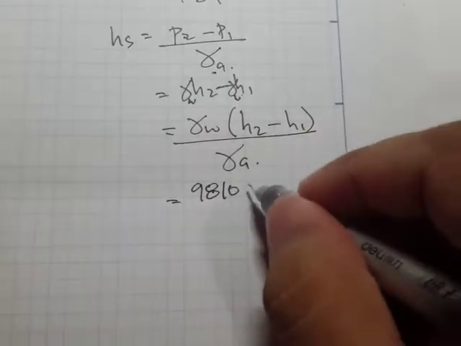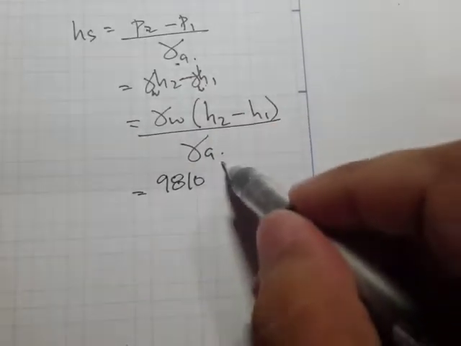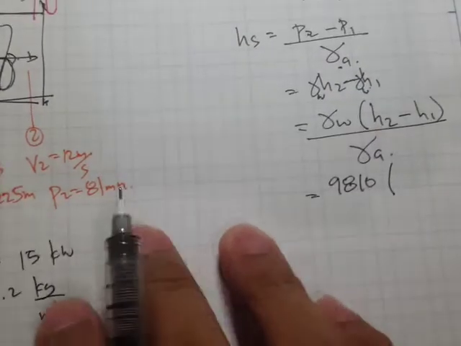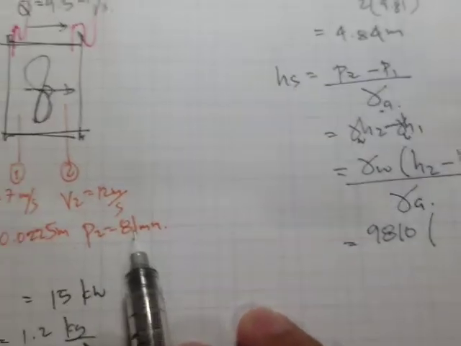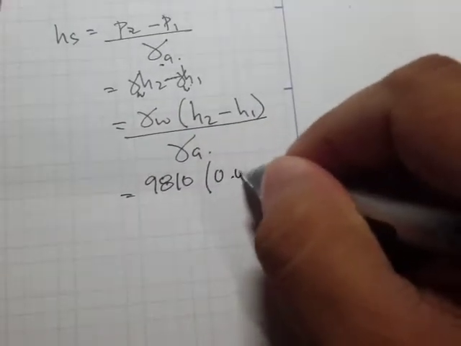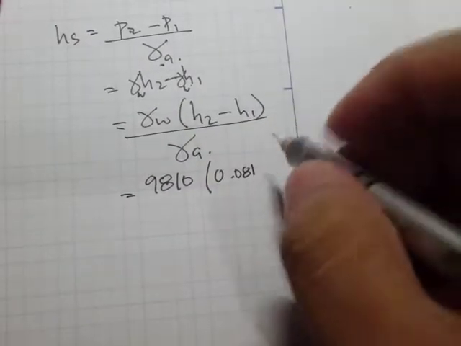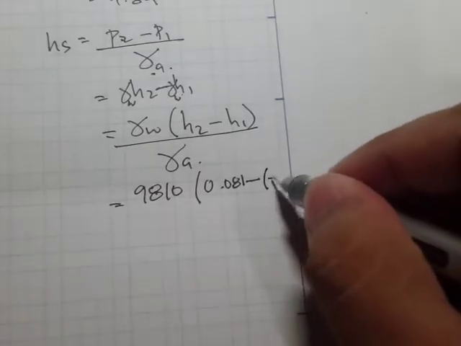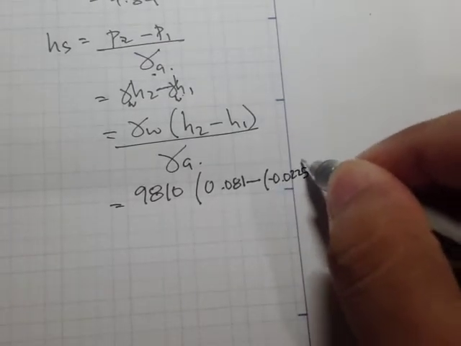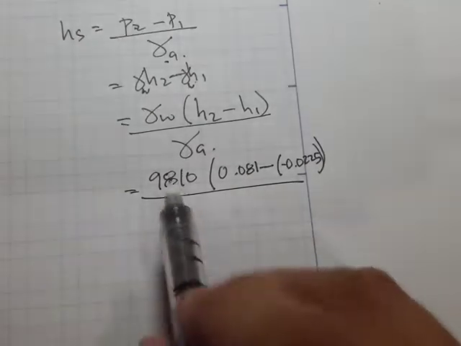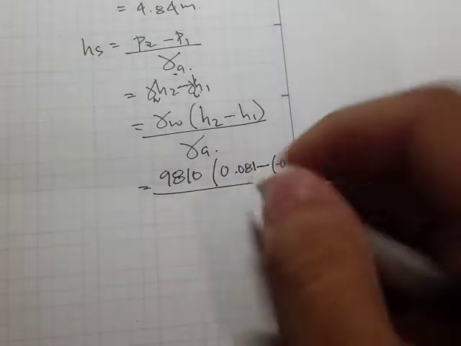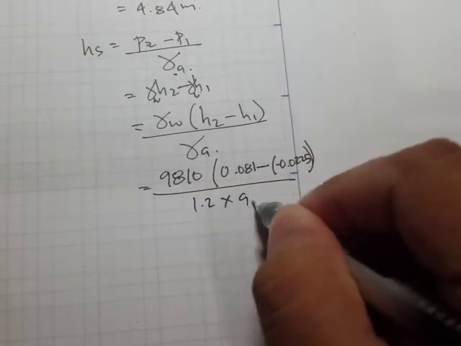This is Newton per meter cube, and this one is 81, or 0.081 minus, take note, minus negative 0.0225, all over the unit weight of air, which is just 1.2 times 9.81.